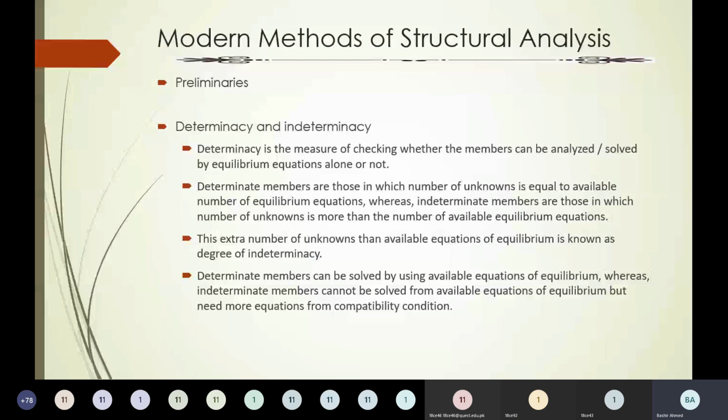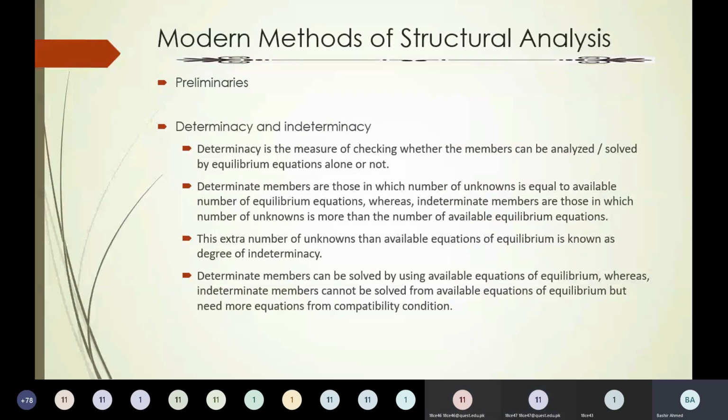Determinate members. Which members we call determinate? When the number of reactions is equal to the number of unknowns.